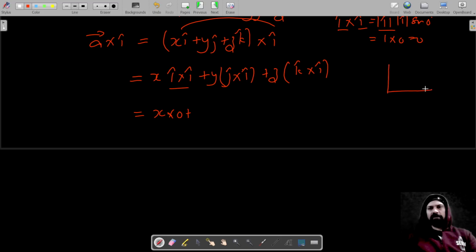Now what is J cross I cap? We know that this is the x-axis, y-axis, and z-axis. Direction along x-axis is given by I cap, along y by j cap, and along z by k cap.